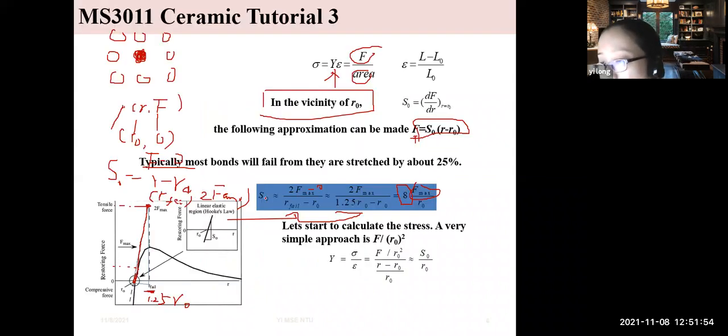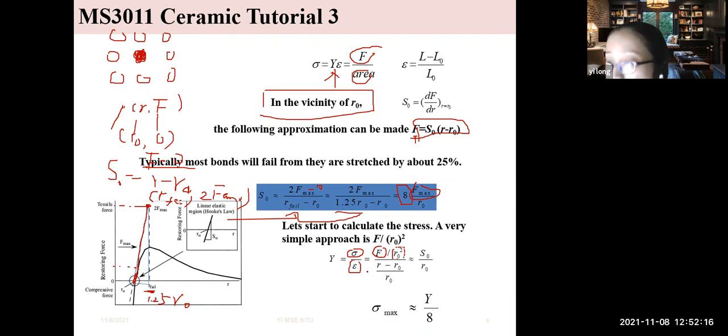We can go back now. Young's modulus equals stress over strain. We also said stress equals force over area. Just now we derived that the area is R naught squared.